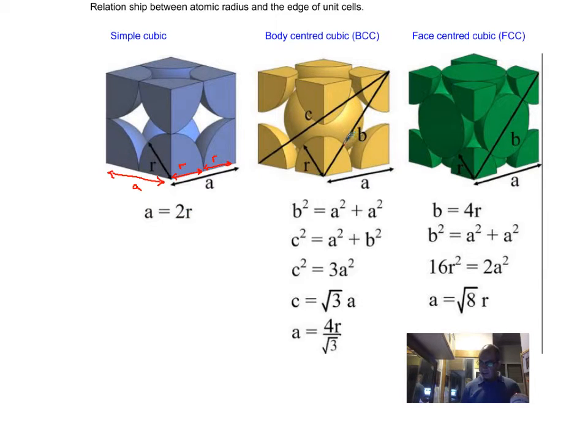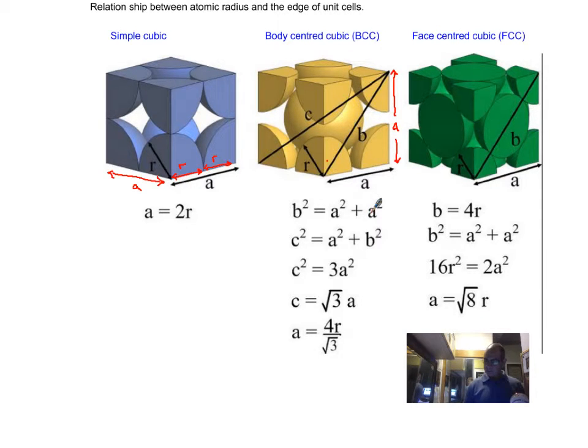If you look at a body-centered cube, this is what happens. Now you have one side here, you have another side here, A, and this is the Pythagorean theorem: a squared plus a squared is equal to hypotenuse squared, so b squared equals a squared plus a squared.